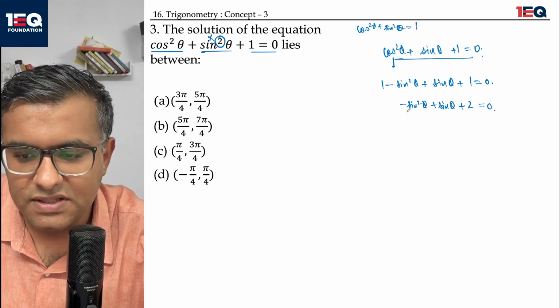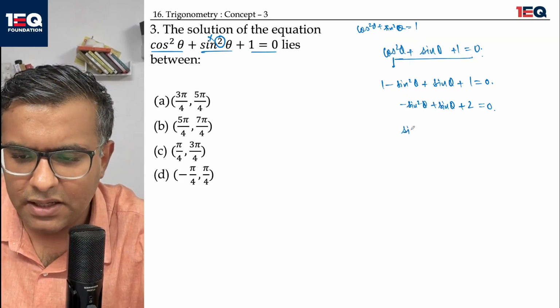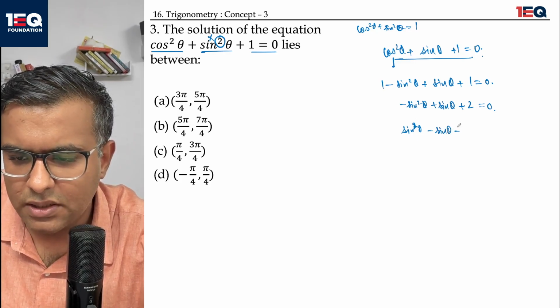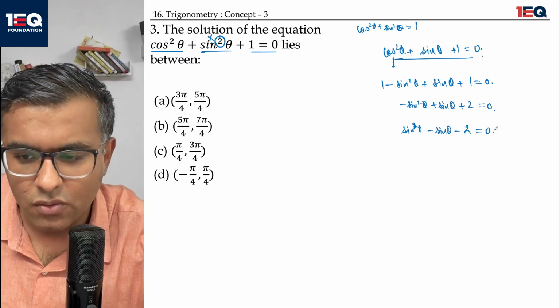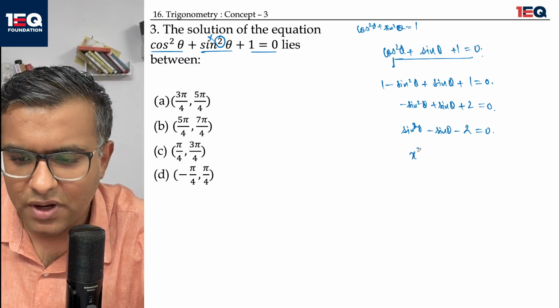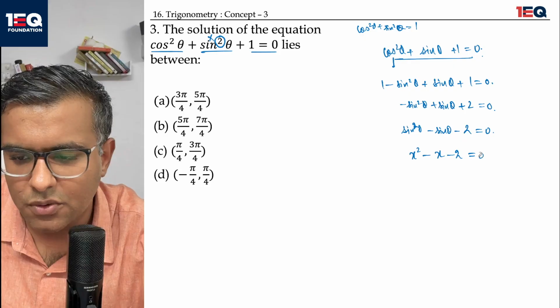I'll change all the signs because I don't wish to have a minus in front of the square term. I can say that sine square theta minus sine theta minus 2 is equal to 0. To help all of you understand the equation better, I will consider that sine theta is equal to x. So I have x square minus x minus 2 being equal to 0.